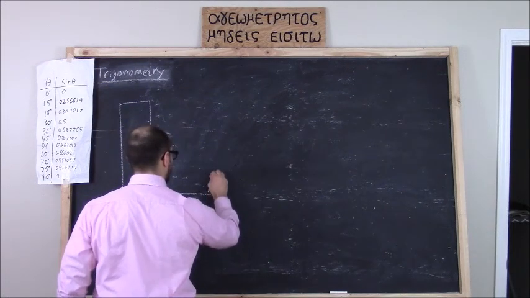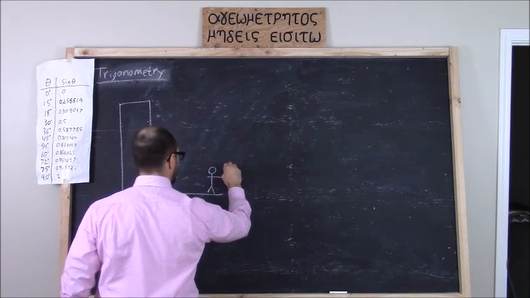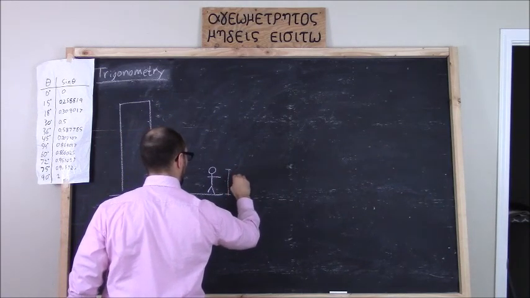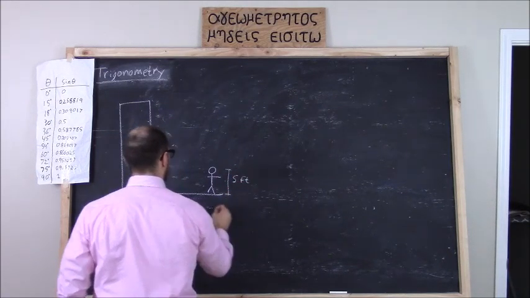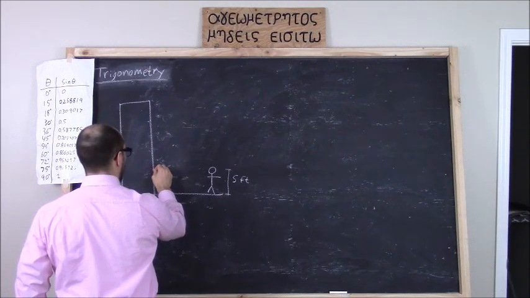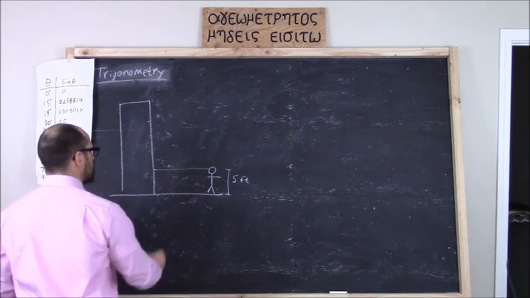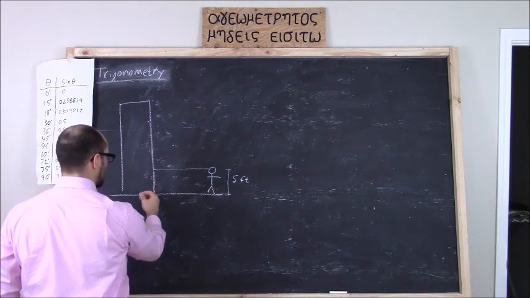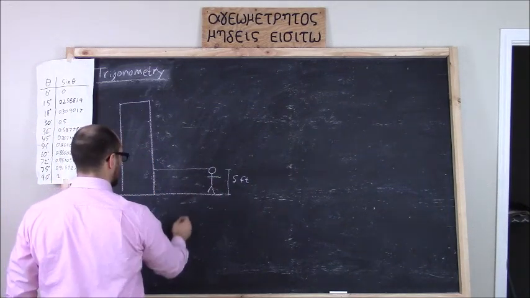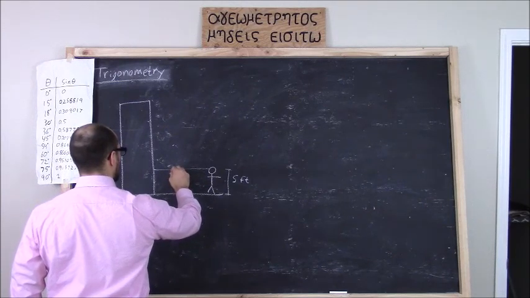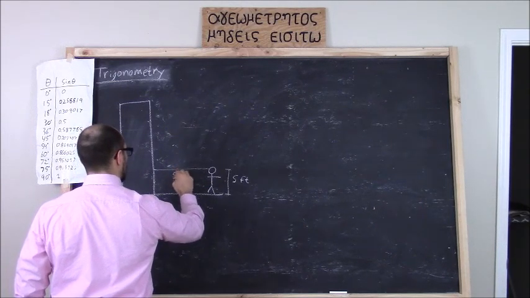I'll draw a little stick figure here at 5 feet tall. Okay, and let's say to eye level, you measure from the distance of the building to the point you are standing, and that is 50 feet.